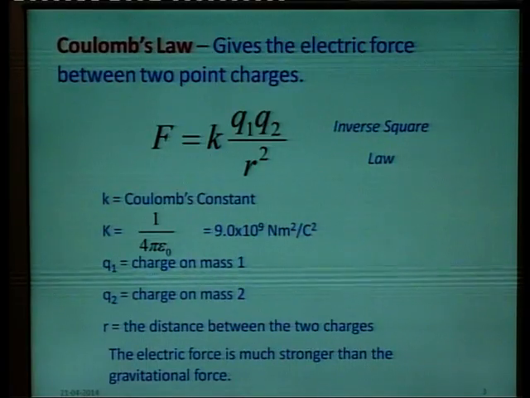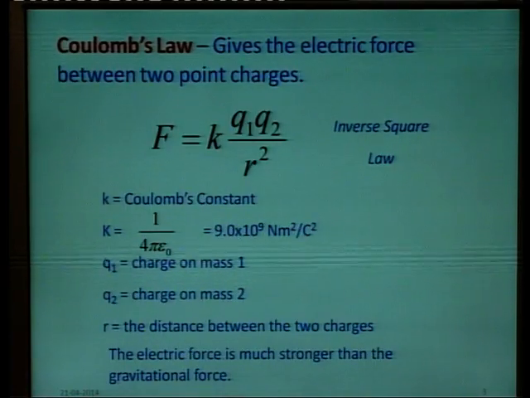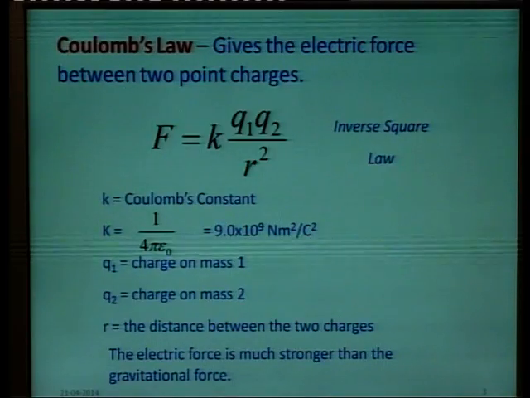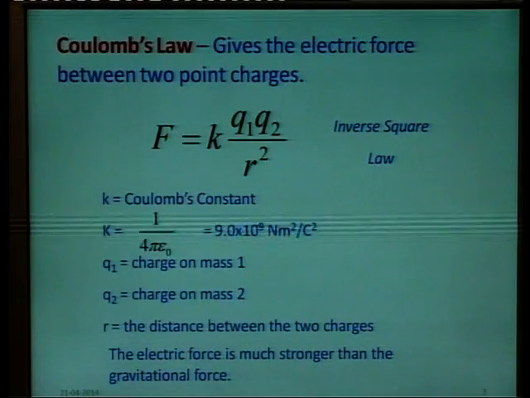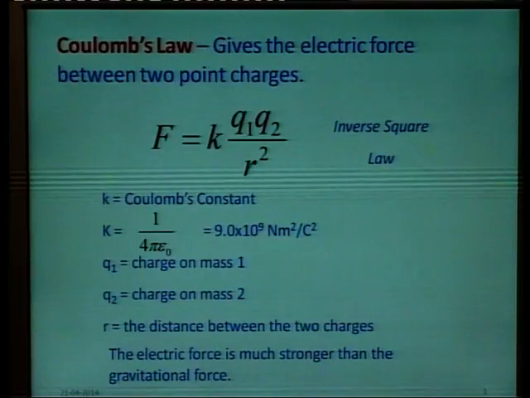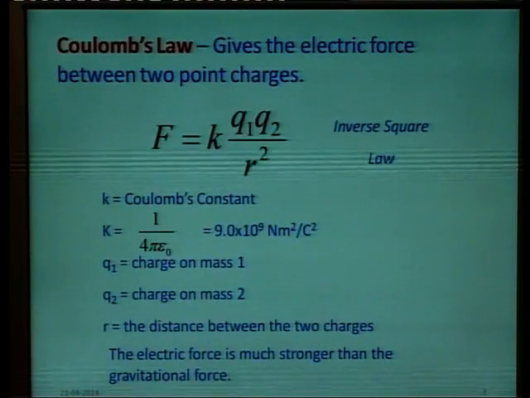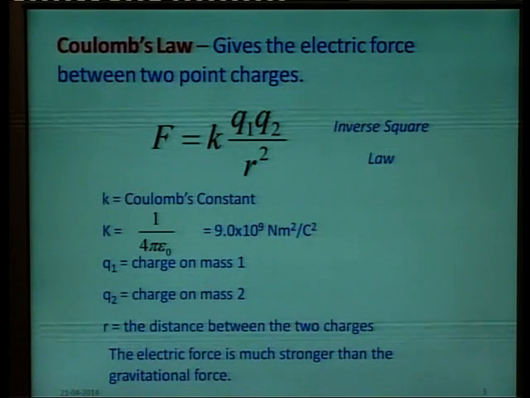When we use the word point here, it means Coulomb's law is valid only if the charges are point charges. And you also see that it follows the inverse square law. In the formula, that is F equal to K Q1 Q2 by R square, K is Coulomb's constant given by 1 by 4 pi epsilon naught.